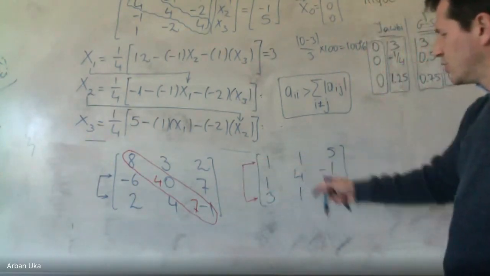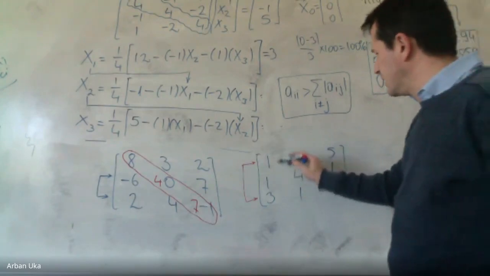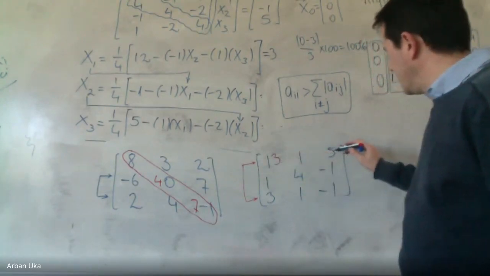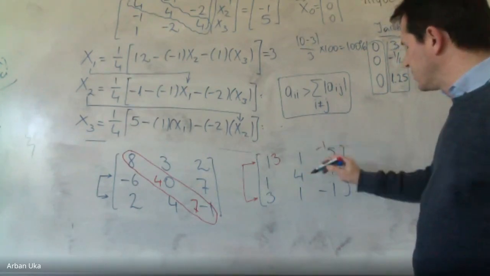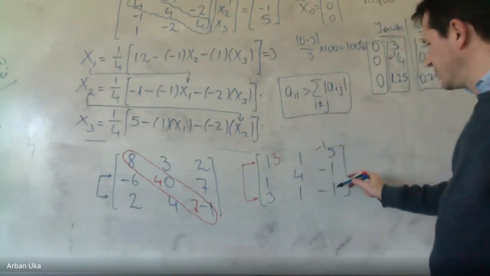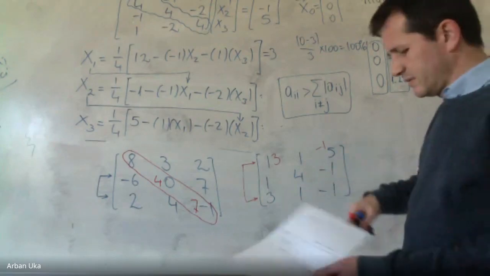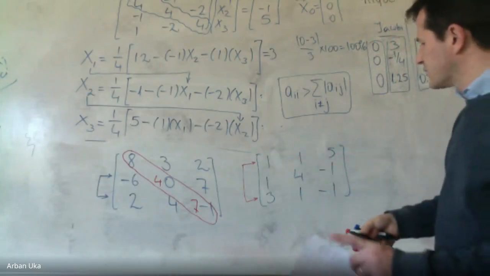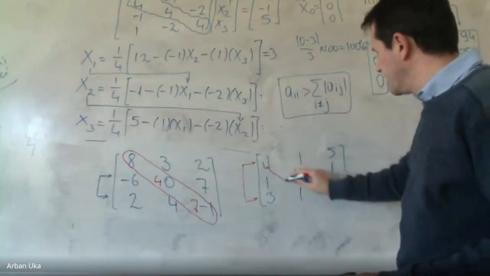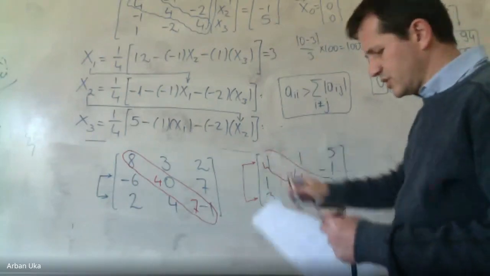But if we switch row 1 with row 3, here we get the 3 and the -1 here. It's not easy to read this way, but I think it's obvious that exchanging row 1 with row 3 would make this again a diagonally dominant matrix, which means that this will converge.